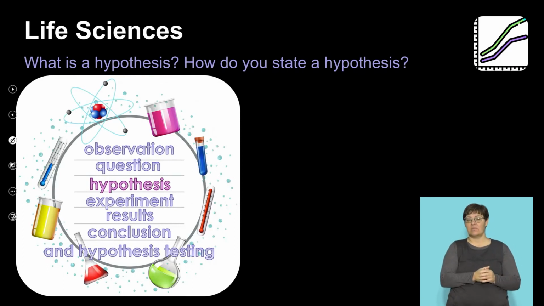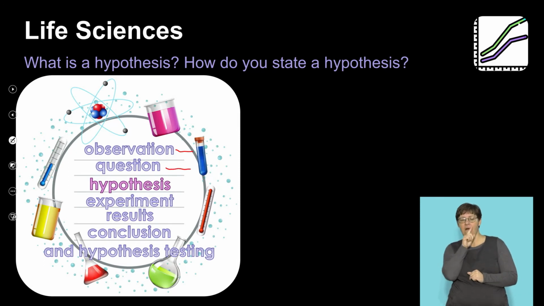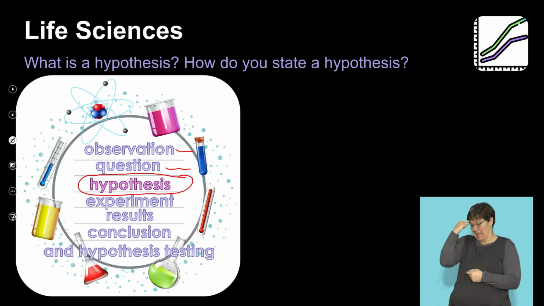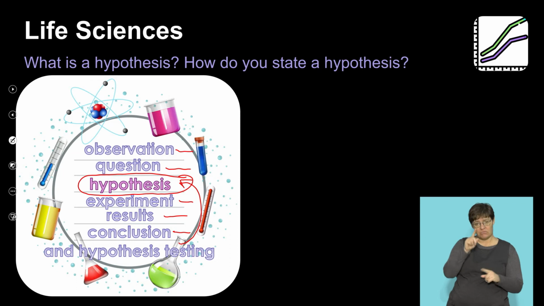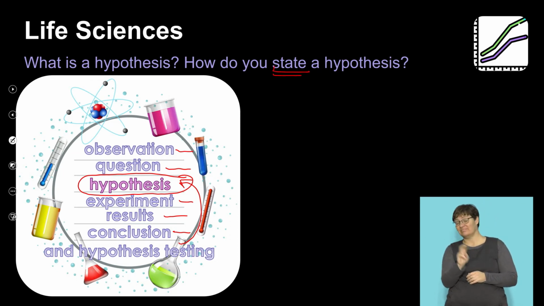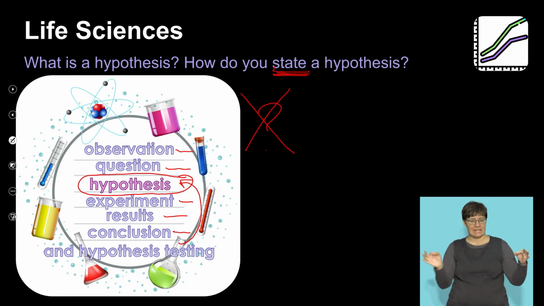Your scientific method starts with an observation where you lead on to a question, then you state a hypothesis, you do the experiment, you get your results, you can come to a conclusion, and you can then relate back to your hypothesis to see whether your hypothesis was correct or not. Notice when we talk about stating a hypothesis, it is not asking a question. It's going to be a sentence.